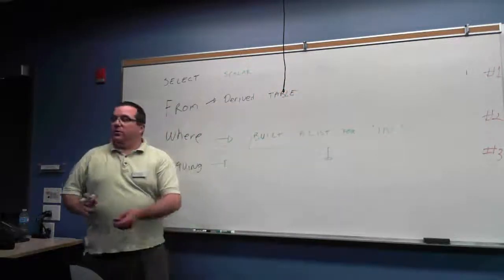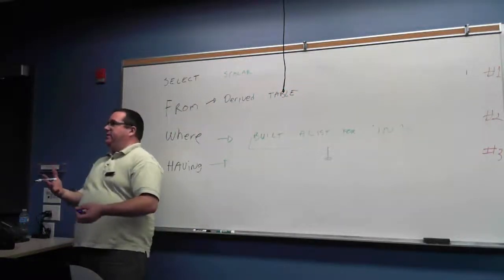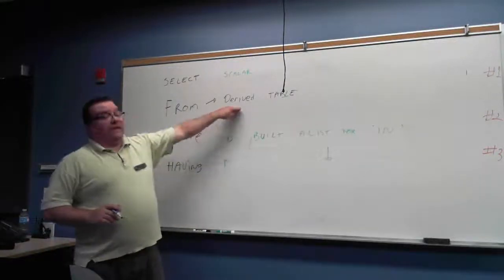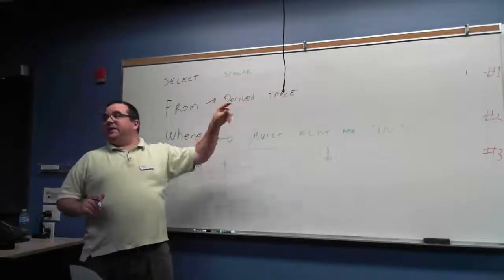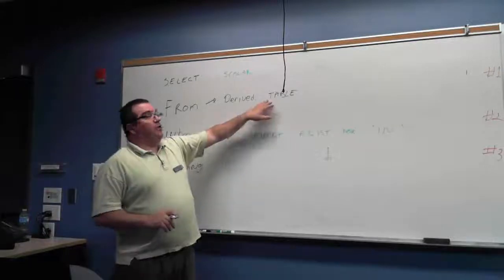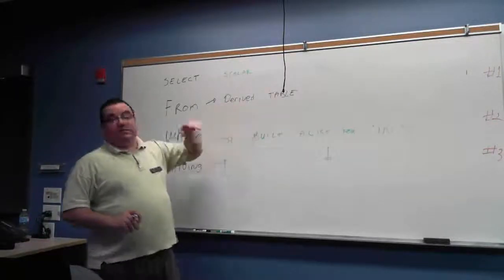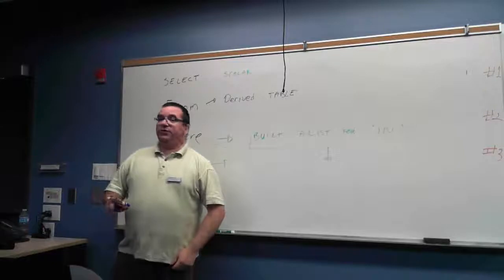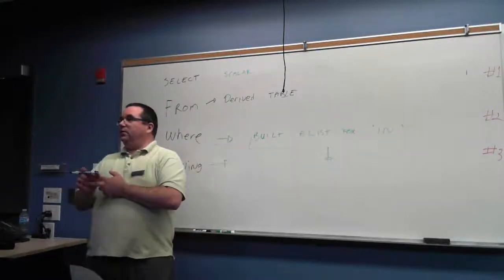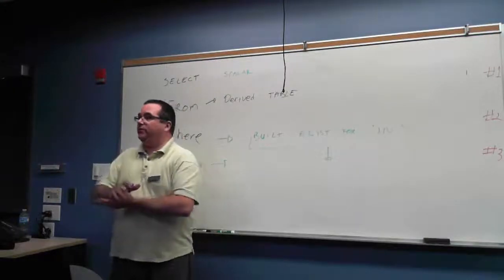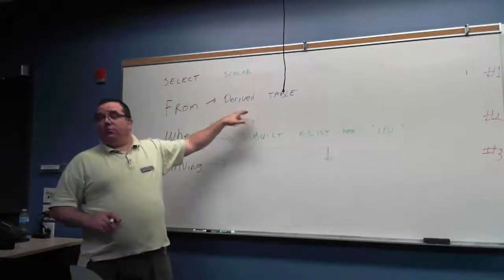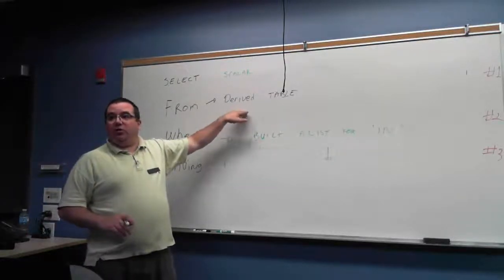What it does is it creates a temporary virtual table in memory, and for all intents and purposes, it behaves just like a normal table. It doesn't have a primary key and it doesn't have any indexes, but it behaves like a normal table. You can do joins on it, you can include it in a where clause. There's one catch, it has to have an alias. Otherwise, the database server does not know what it's called.